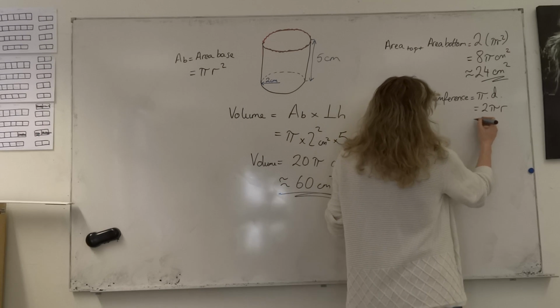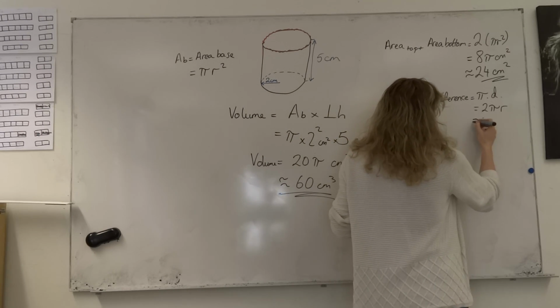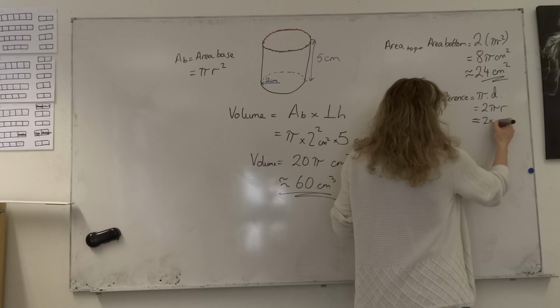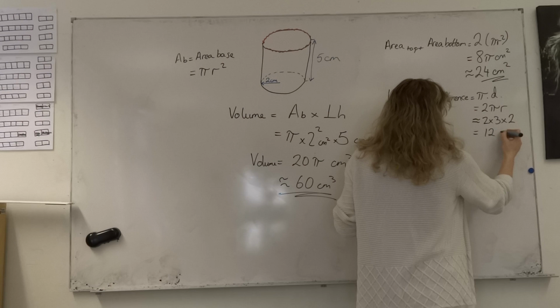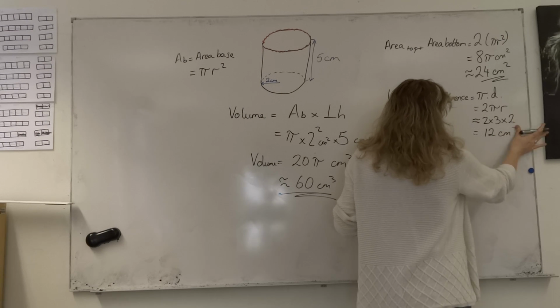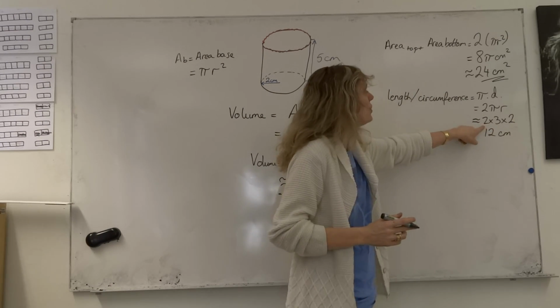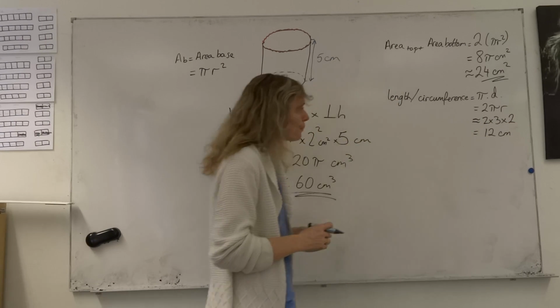Okay, so what then is the length? Well, here we have, if pi is approximately 3 again, 2 times 3 times the radius, which is 2. So we get 12 centimeters as the length. 2 times pi times the radius.